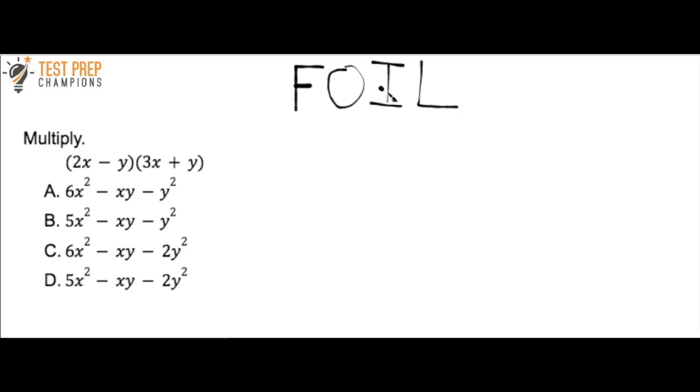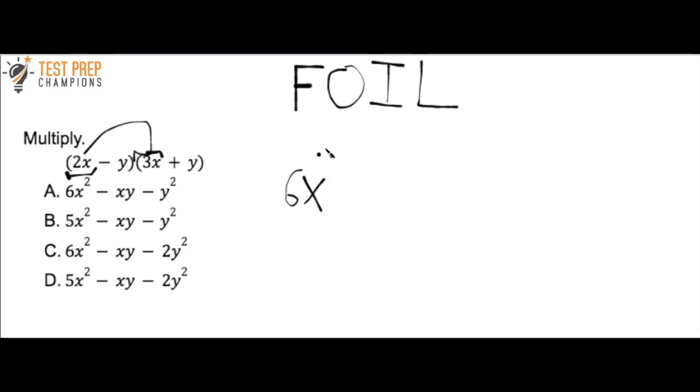First, outer, inner, last. So what that means is I want to start with the first numbers here, right? So I've got 2x and 3x, so that's first. So what is 2x times 3x? Well, 2 times 3 is 6. X times x is x squared.